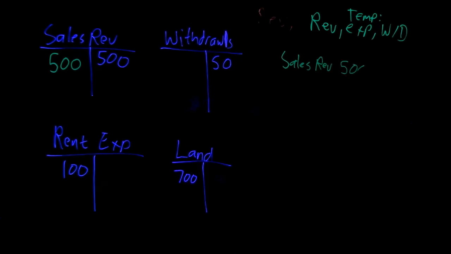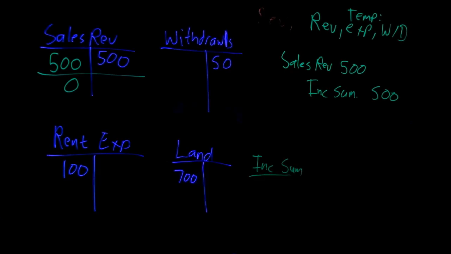So we debited sales revenue for $500, brought it to zero, and closed it out. What's the other side of the entry? We're going to close it out to income summary. We have an account called income summary that now has a balance of $500.